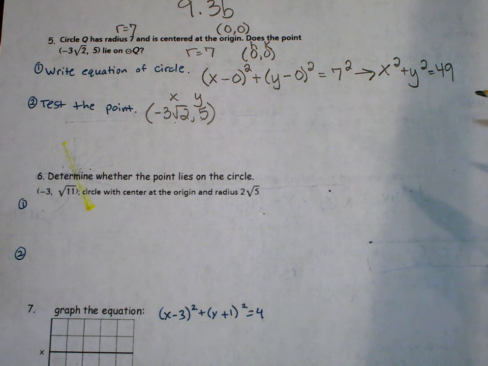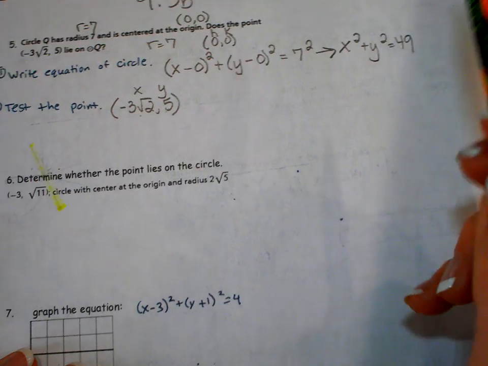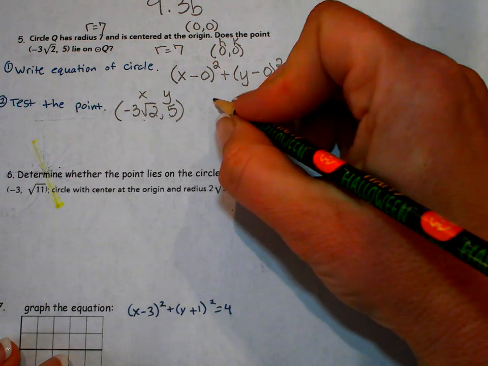Remember with straight lines, I would ask, is the ordered pair a solution? You would plug in x and y and say yes or no. That's what we're going to do right now. So here's the equation, x² + y² = 49. Let's do it.